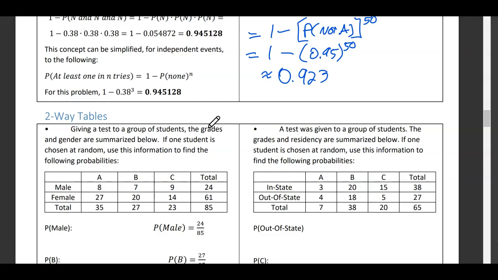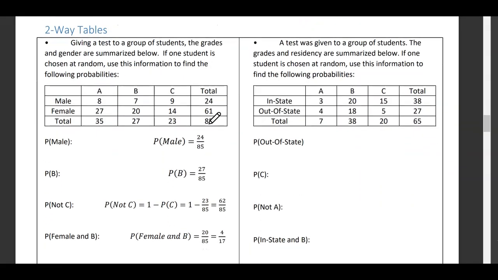Okay, we now get into two-way tables. The two-way tables are either given, or if it's an incidence rate problem, you have to create it yourself. The probability of out of state. Now the total column is very convenient. There are 27 that are out of state, out of a grand total of 65. So they've already done subtotaling and grand totaling for you on these.